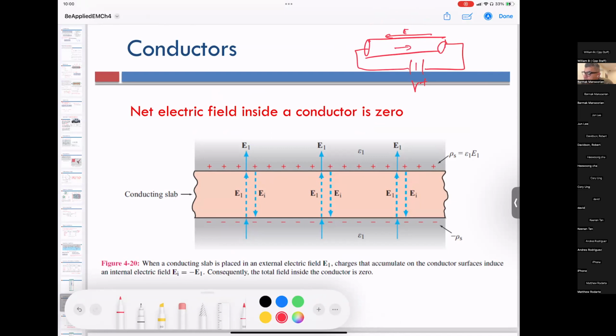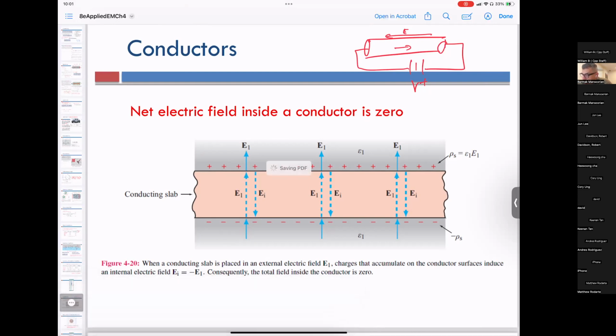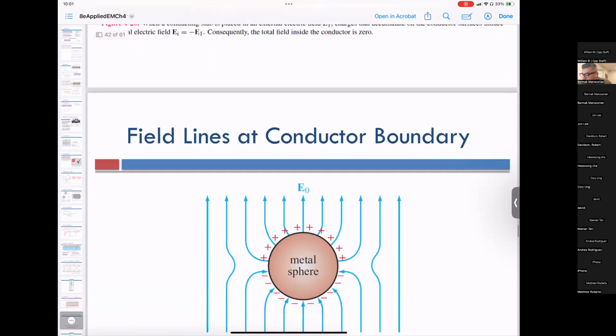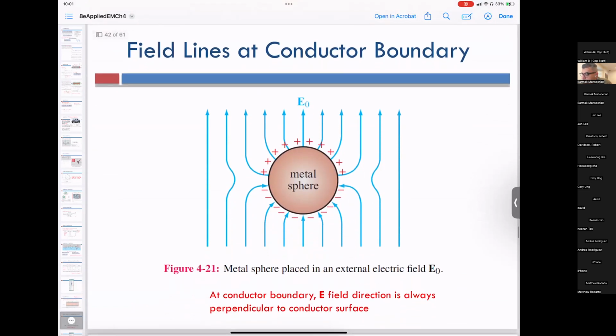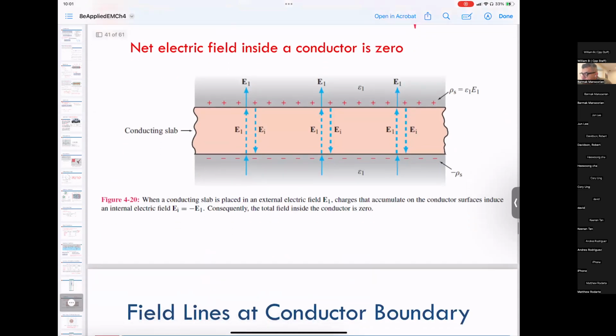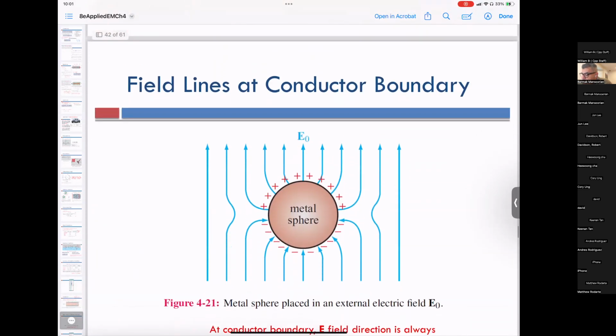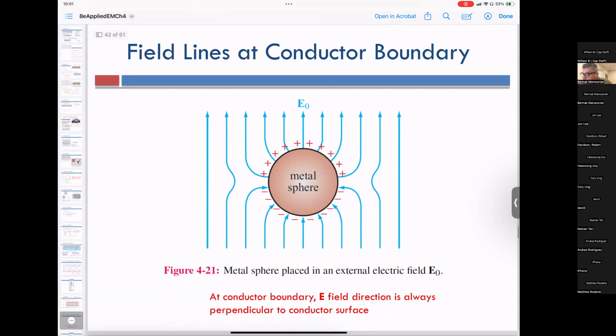But that's something you can think of with a non-perfect conductor. If you have a perfect conductor, you could not have an electric field across it. The net electric field inside a conductor is always zero. I've never managed to fully explain this, but just remember that a perfect conductor is not going to be able to support an electric field.